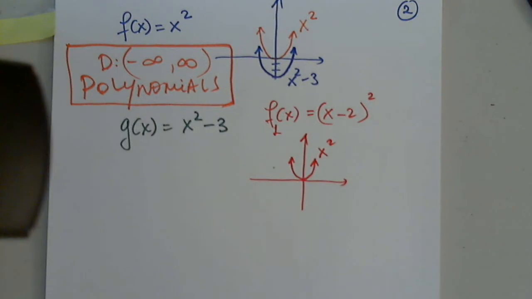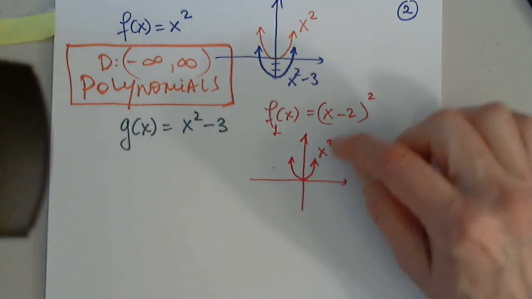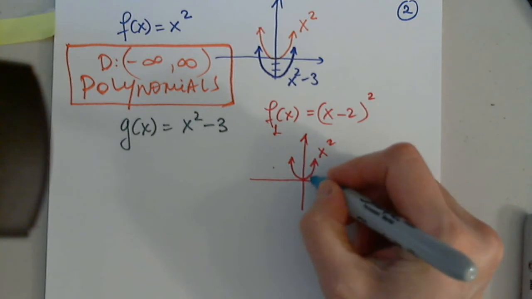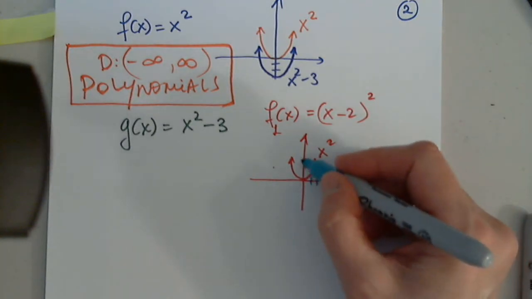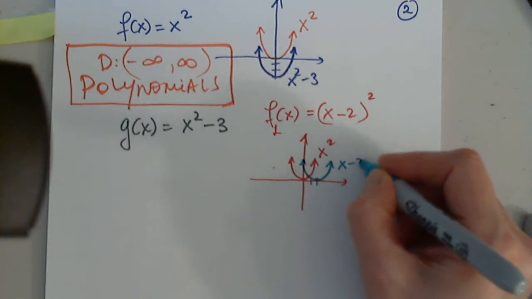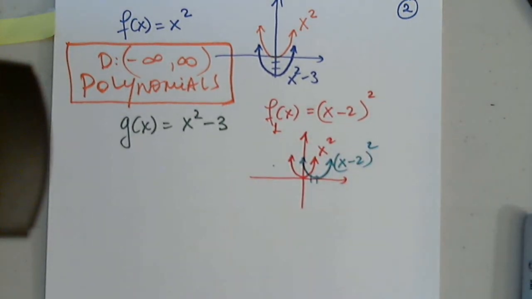This is x squared. But when I change x into x minus 2, what do I really do to the graph? Very good, awesome. Thank you very much. Who was that, Lake? Thank you. So this is x minus 2 squared.